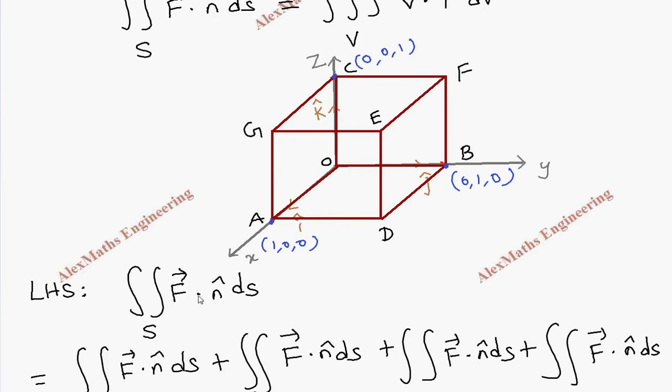And in every surface I have to find what is n cap. From the diagram we have already written i direction, j direction and k direction. For any surface, the unit vector perpendicular to it along these axes will be positive and opposite to that will be negative.